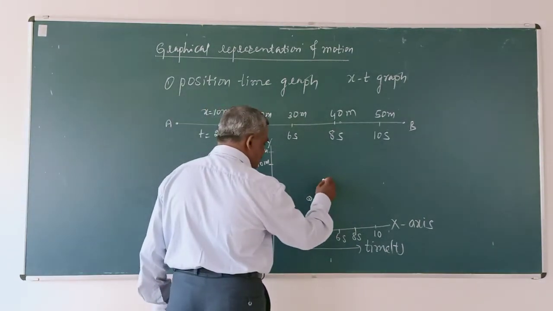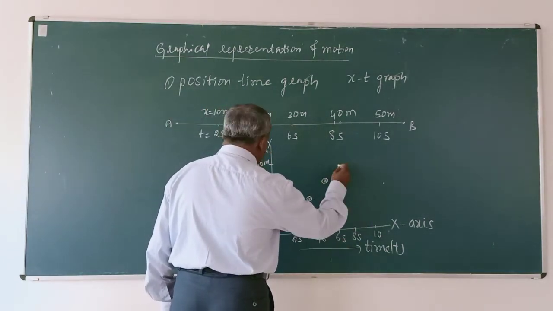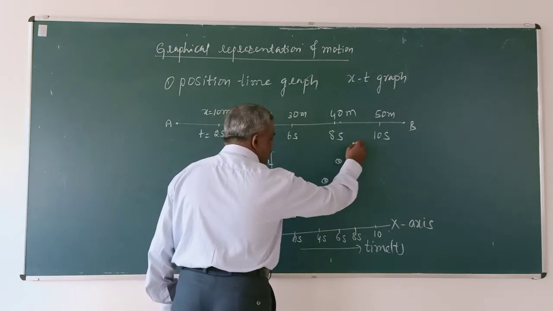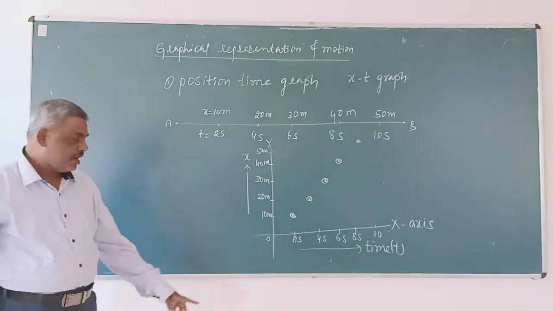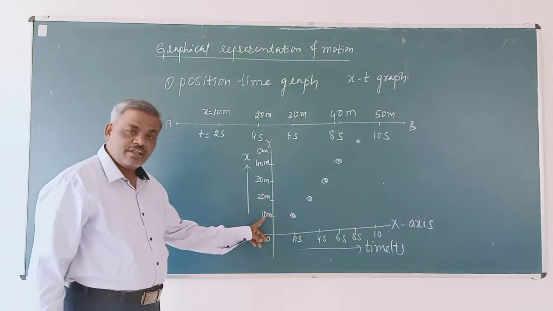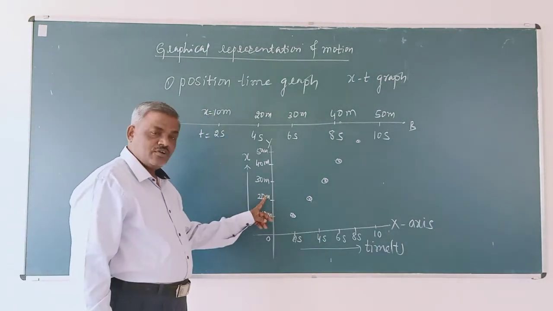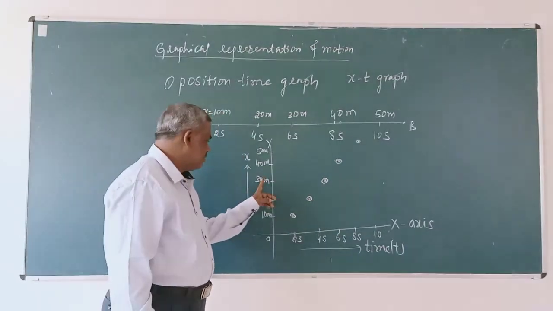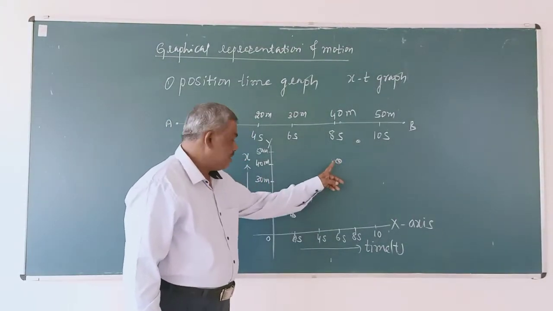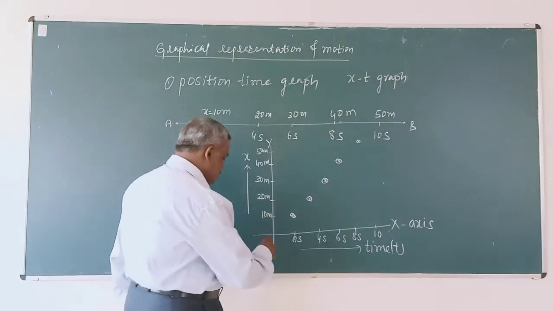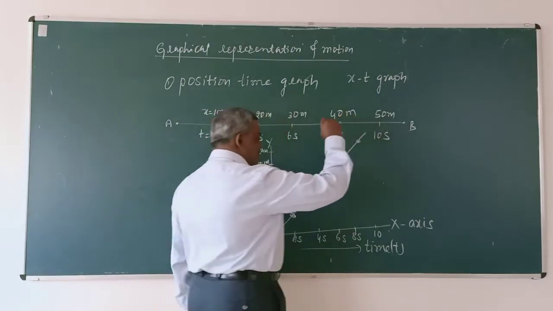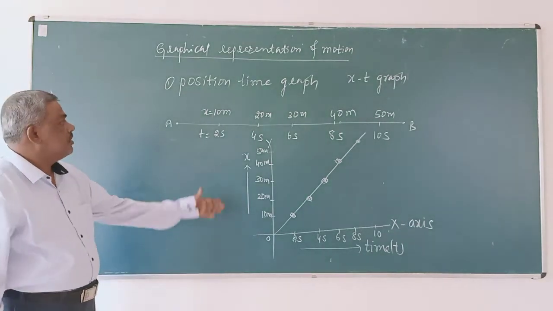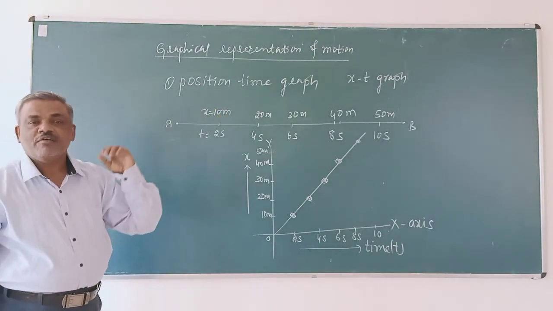After 6 seconds, 30. Then 40, and after that 50. So you mark: after 2 seconds, 10; 4 seconds, 20; 6 seconds, 30; 8 seconds, 40. Now join the points and you get a straight line. So this graph is called a position time graph.